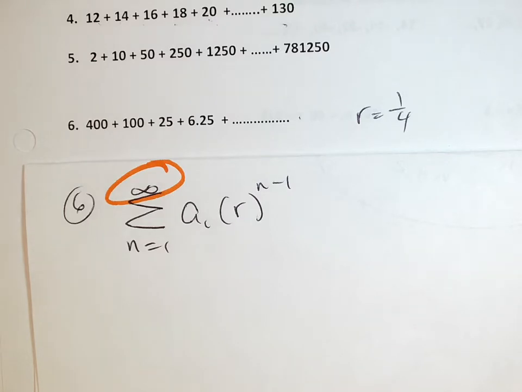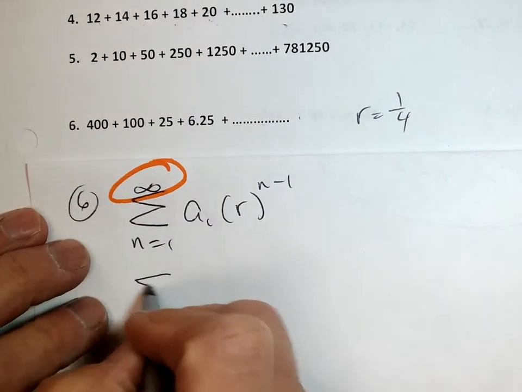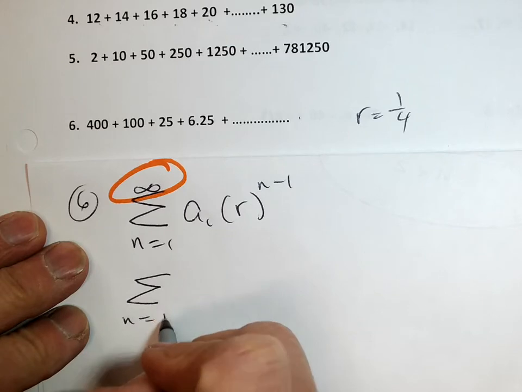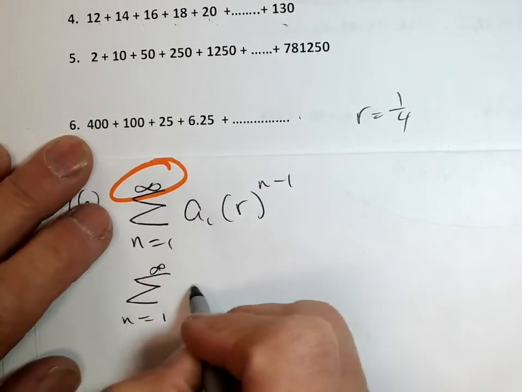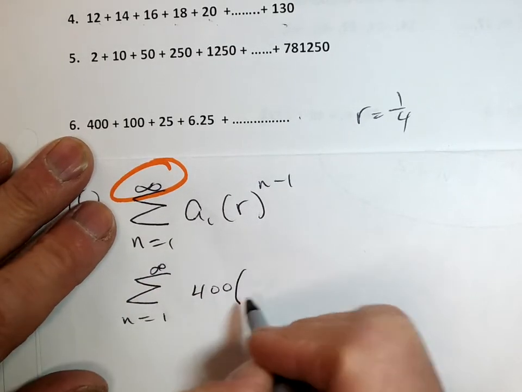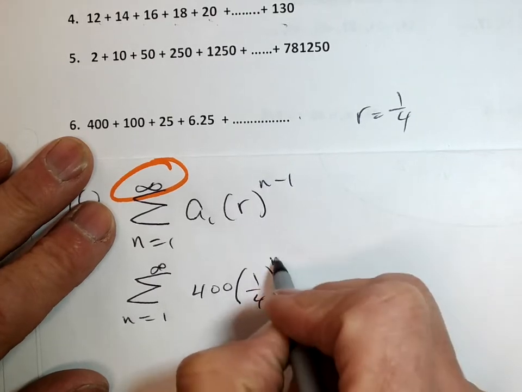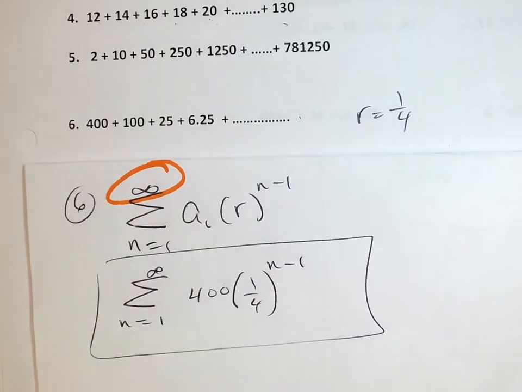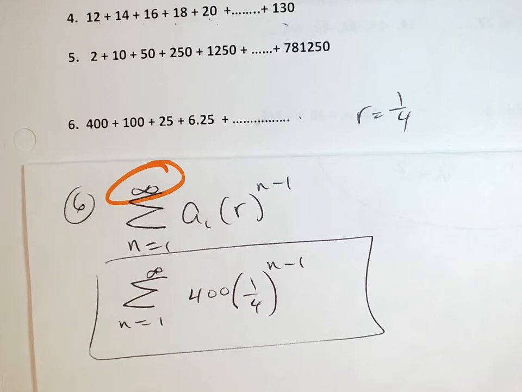Here's my summation, n equals 1 to infinity. A1 is 400. My multiplier is 1/4 to the n minus 1 power. And I'm done because I already know the last term. I know how many terms there are. There's an infinite amount of terms, right?